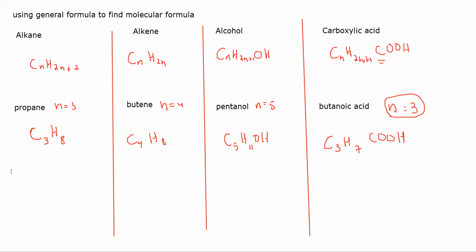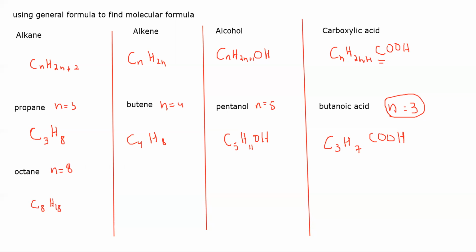Another example, if I say, what is the formula for octane? Oct means the value of n is equal to 8. So what will be the formula? It will be C8H18.